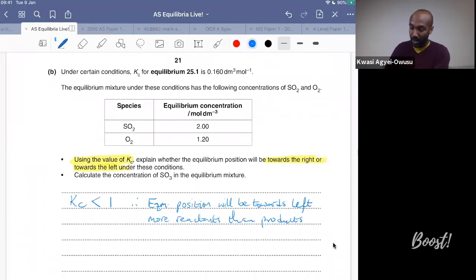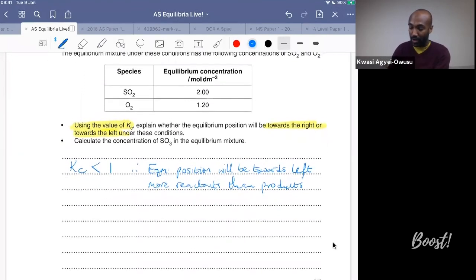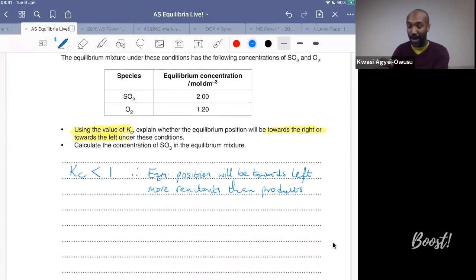Okay, so the second part of the question asks us to calculate the concentration of SO3 in the equilibrium mixture. In order to do that, we need to go back to look at the equation and then write our expression for Kc.